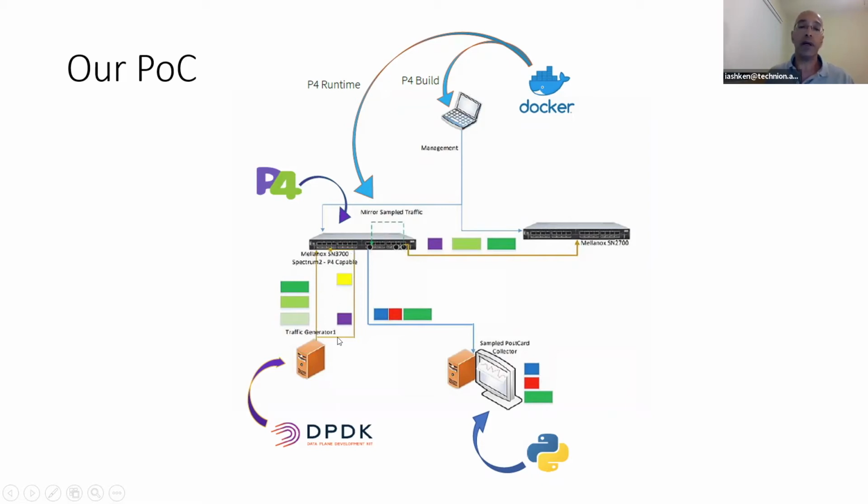What we have here is a traffic generator with DPDK, which was generating high-rate traffic to the Mellanox switch. The traffic in general is switched to the egress port and to the next switch.